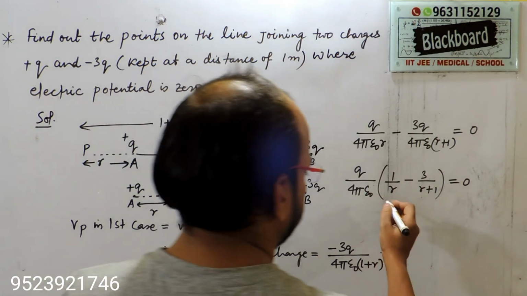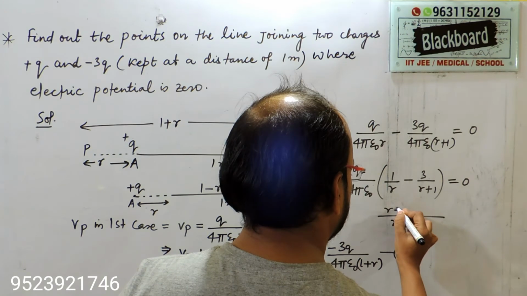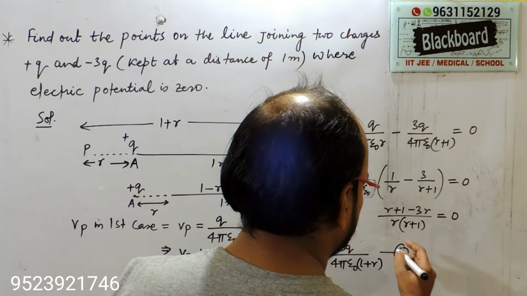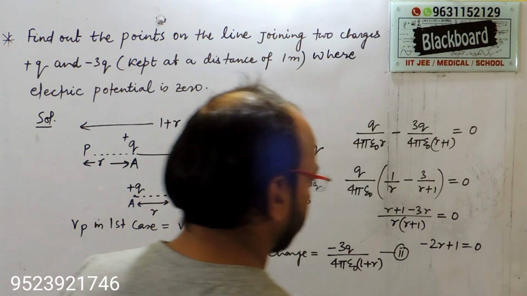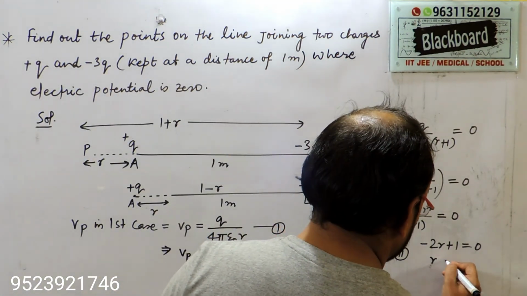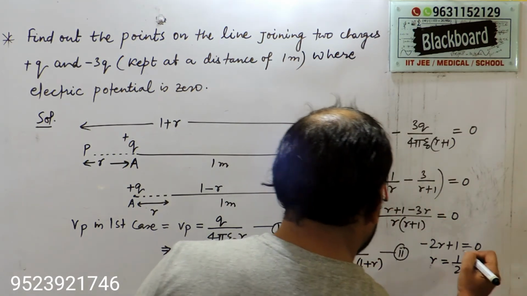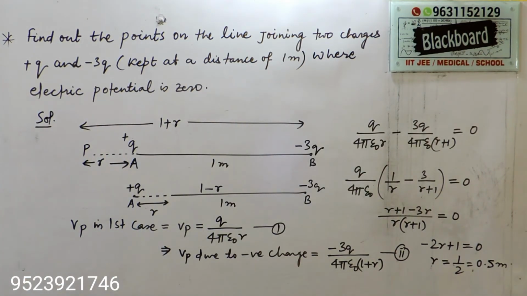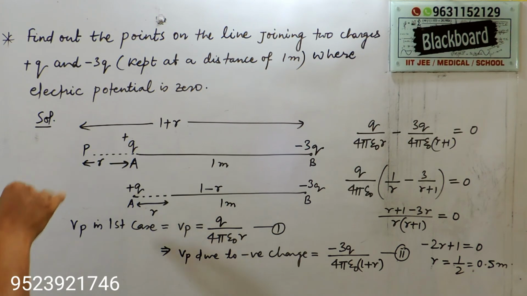Taking LCM, r plus 1 minus 3r is equal to 0. That means minus 2r plus 1 is equal to 0, and so r is equal to 1 by 2, that means 0.5 meter. So the potential will be 0 at P on the axis, which is 0.5 meter to the left.